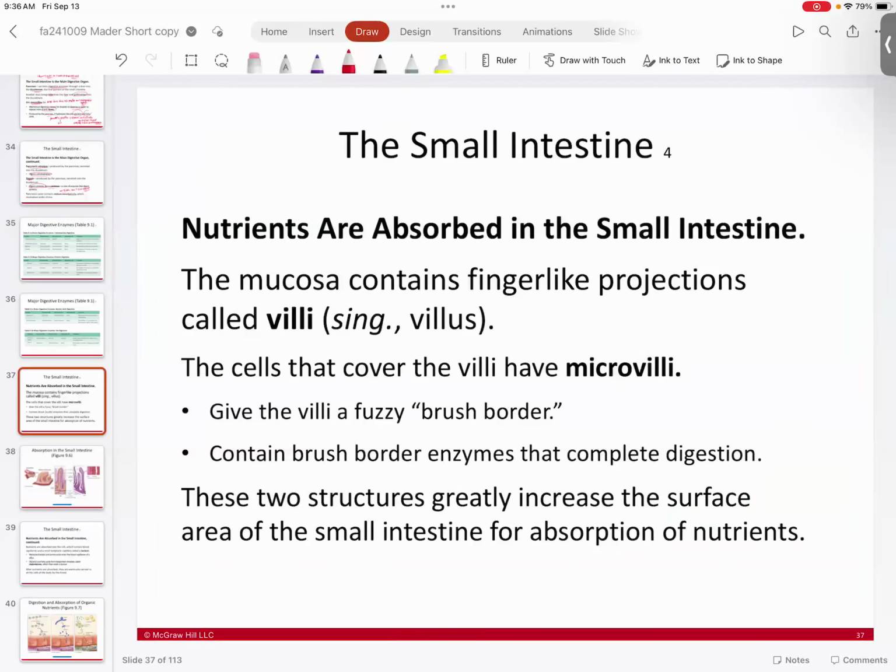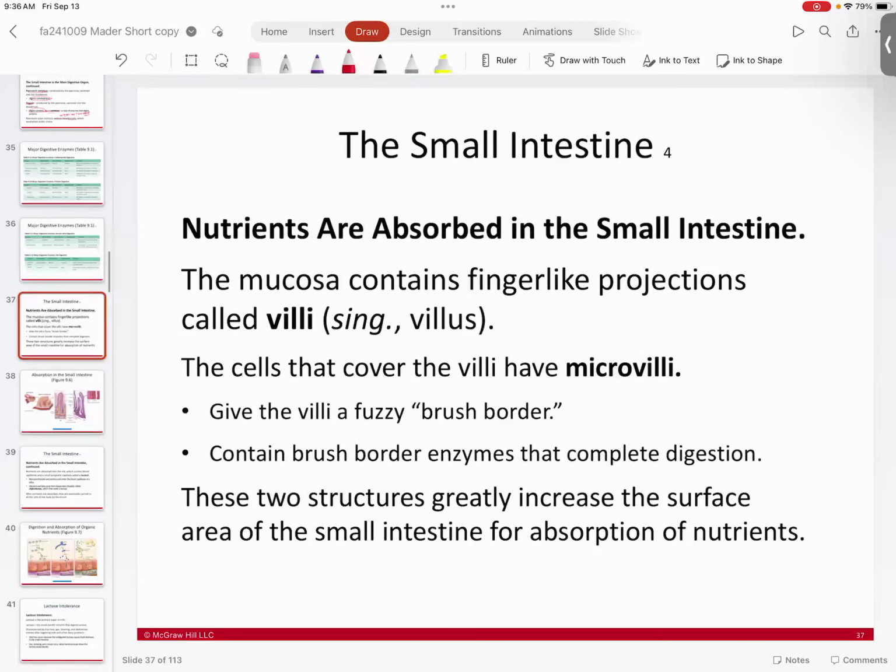Okay, so now once you cut up all your macromolecules into their building blocks, it's time to absorb. The small intestines will also be responsible for absorbing this, but they do it in a slightly different portion of the small intestines. Along the lining of the small intestines, the mucosa organizes itself in an absorptive structure called the villi.